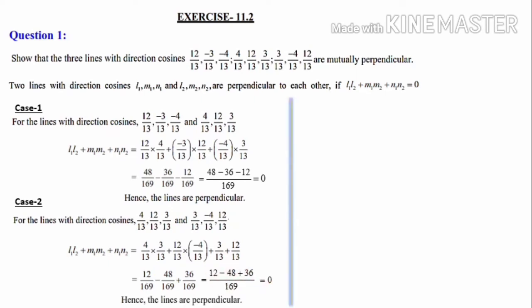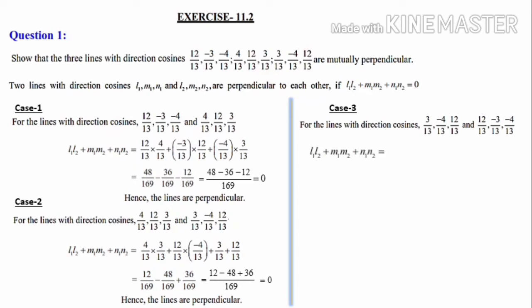Next, case 3, that is for the lines with the direction ratios 3 by 13, minus 4 by 13, 12 by 13, again 12 by 13, minus 3 by 13, minus 4 by 13, means the last one and the first one. Cyclic order we have to take. First we have taken the first two, second we have taken second and third. Now third and first. L1 L2 plus M1 M2 plus N1 N2 is equal to 3 by 13 into 12 by 13, plus minus 4 by 13 into minus 3 by 13, plus 12 by 13 into minus 4 by 13.